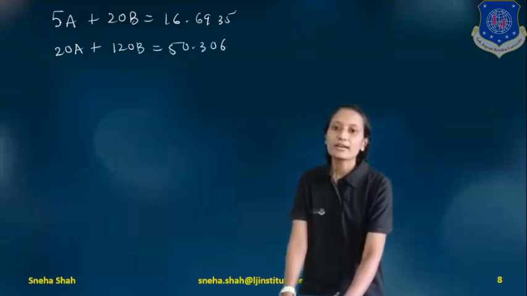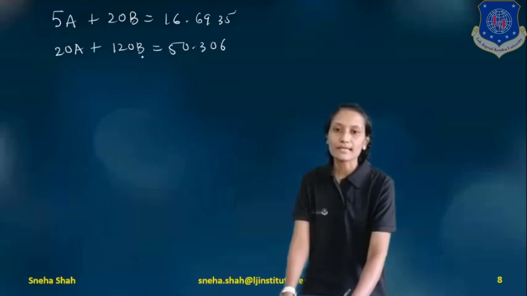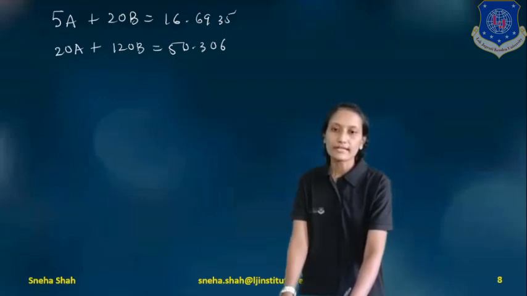Now, if I am multiplying this equation by 4, so 4 into 5 is 20. So this 20 will be cancelled out. This becomes 4 into 20, meaning 80B, and 120B. Because of this, we take the difference, and here also we find the difference.